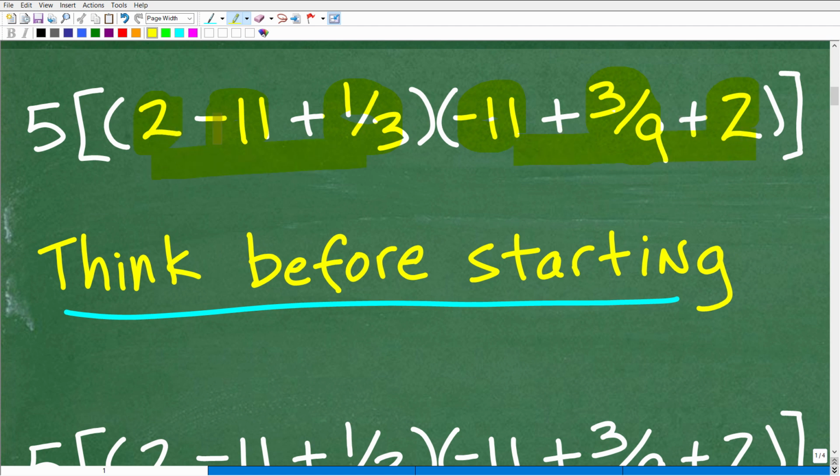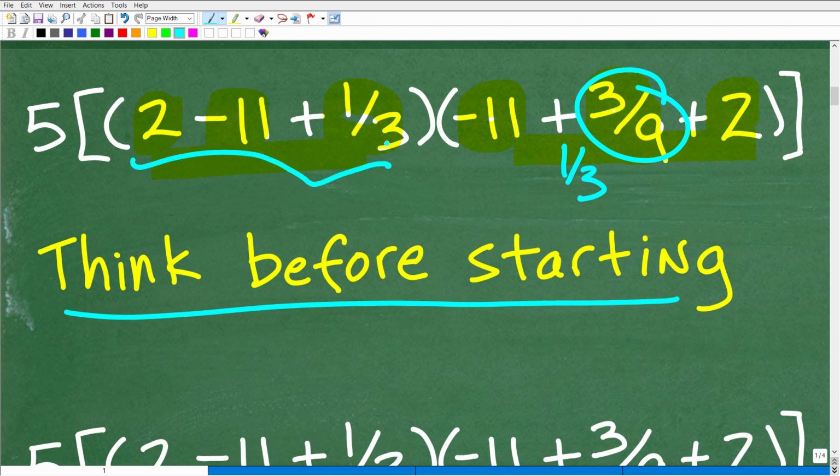So in other words, 2 minus 11 plus 1/3 is the same thing as negative 11 plus 3/9, as we can reduce this fraction right here to 1/3 plus 2. And when you're adding numbers, order doesn't make a difference. So really, instead of having to do these two separate problems here, all we have to do is figure out what one of these values is within these parentheses, and then we can multiply it by itself.